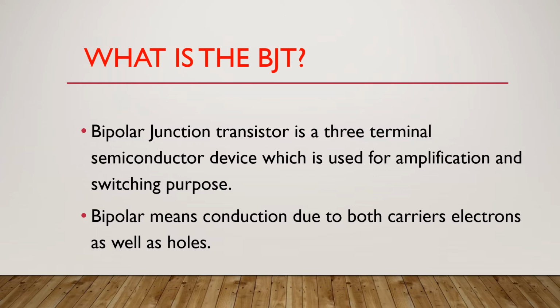And the word transistor forms from two words, transfer and resistor. So transfer means it transfers resistance from low resistance to high resistance. That's why it is called as transistor.